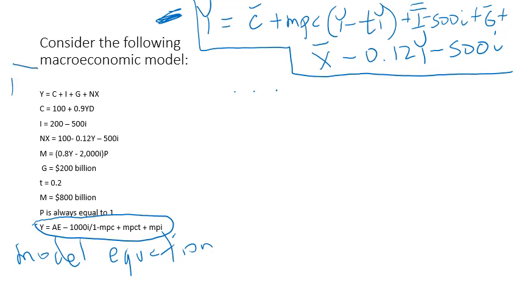It's autonomous aggregate expenditures. So what are autonomous aggregate expenditures?